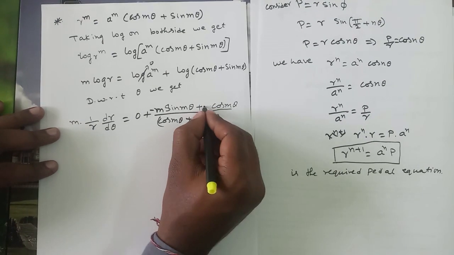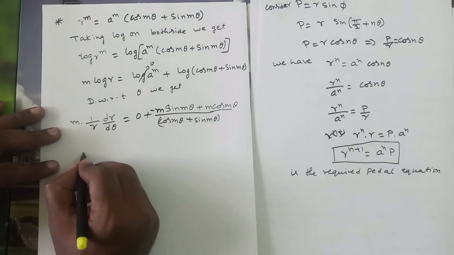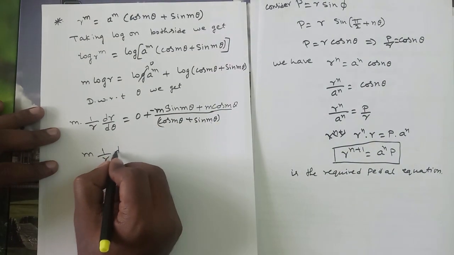If you differentiate m theta, you will get m, so take m common.